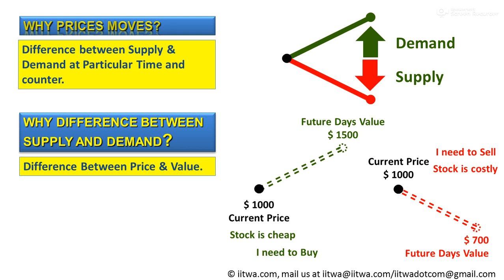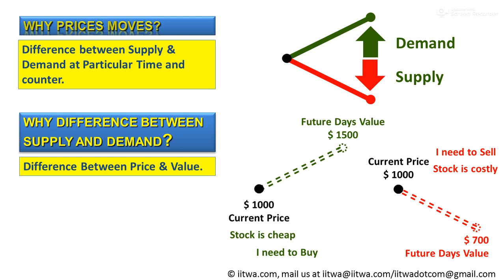We can notice here that the price is US $1,000, but valuations are different, US $1,500 and US $700 in a year, in the perception of two different individuals. This difference makes one person sell and another buy.